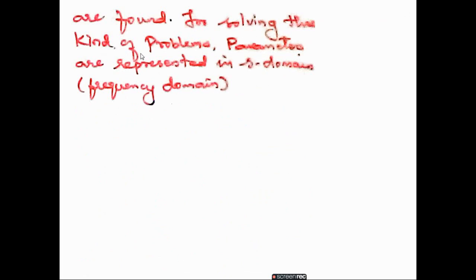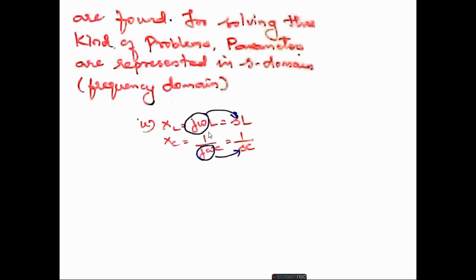For solving this kind of problem, parameters are represented in the S domain, that is, the frequency domain. What is j omega? j omega can be represented as S. In the frequency domain it is simply S, as you will know once you know Laplace.